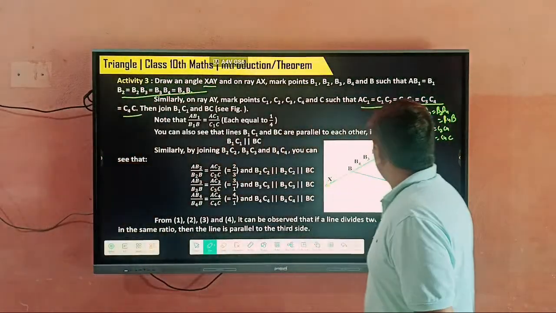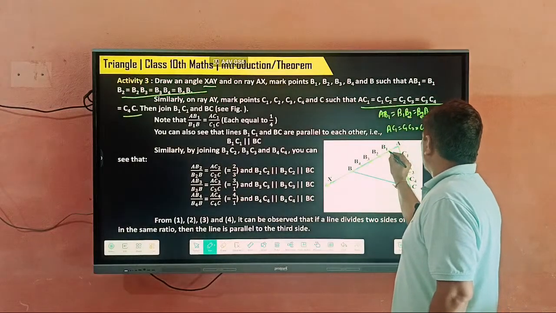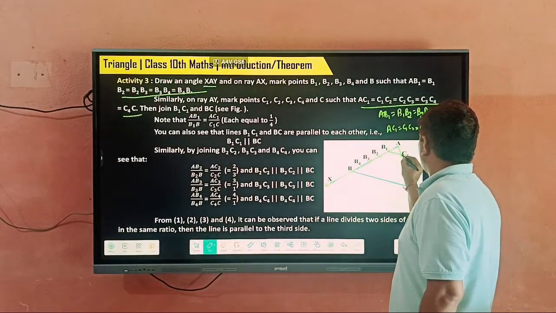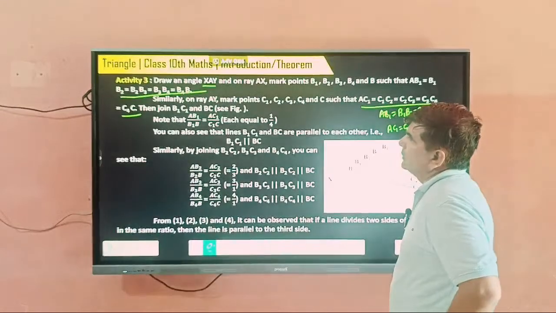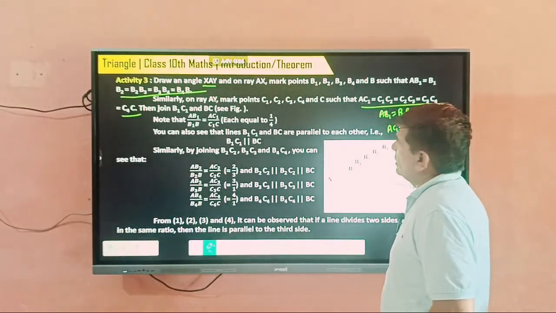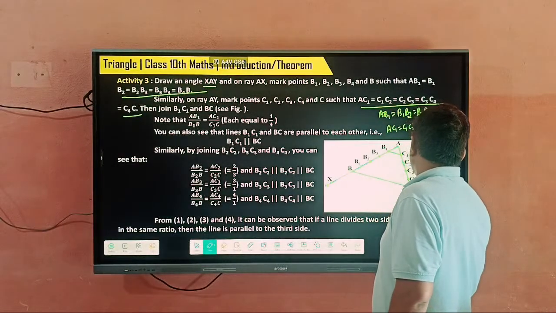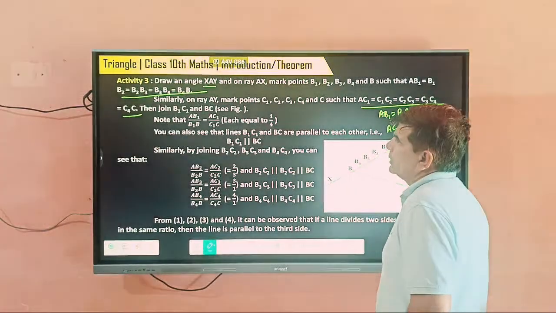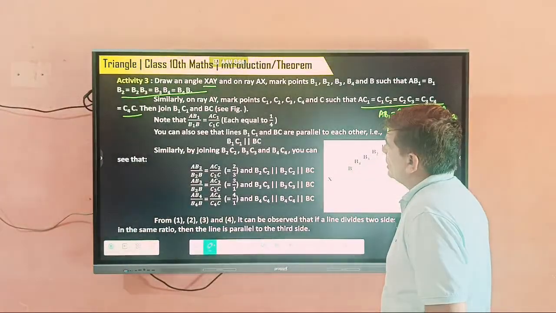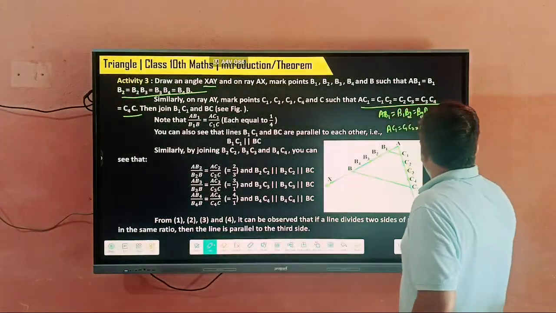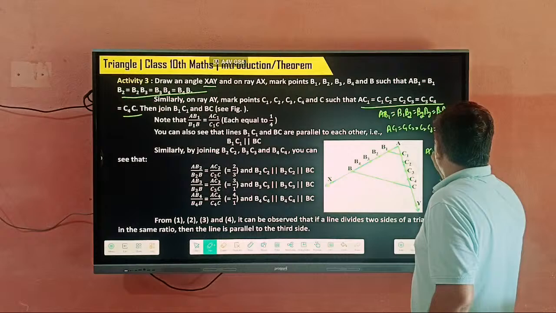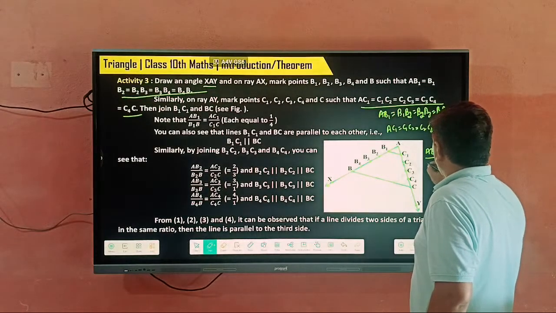Then join B1, C1. So we join B1 with C1, and B with C, like this, which is given in the figure. Note that we can find out AB1 by AB.